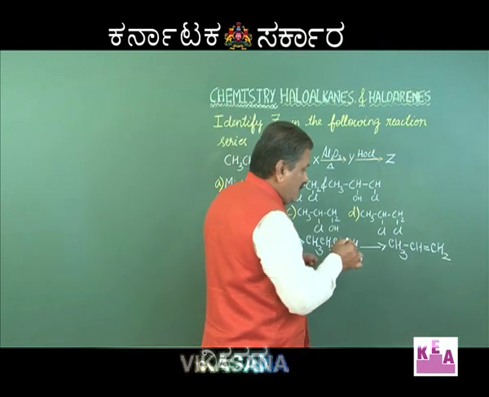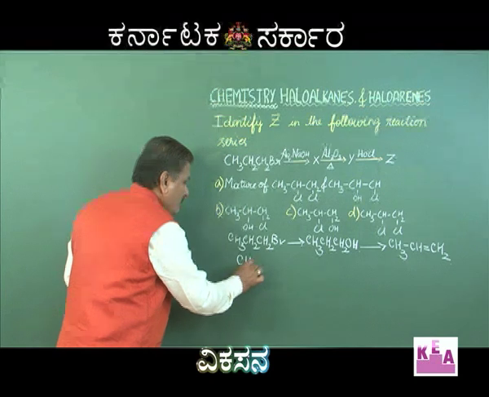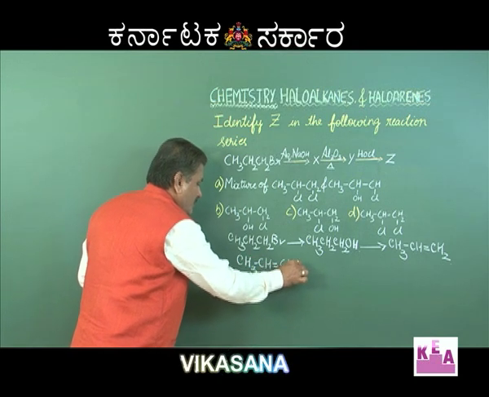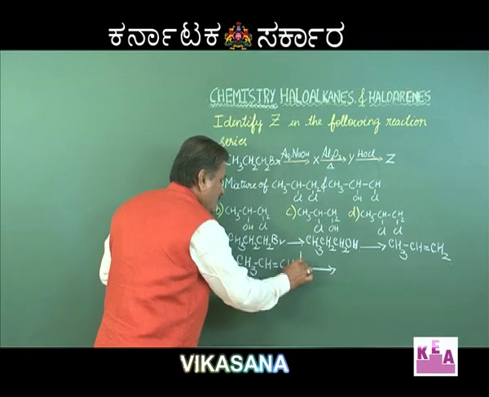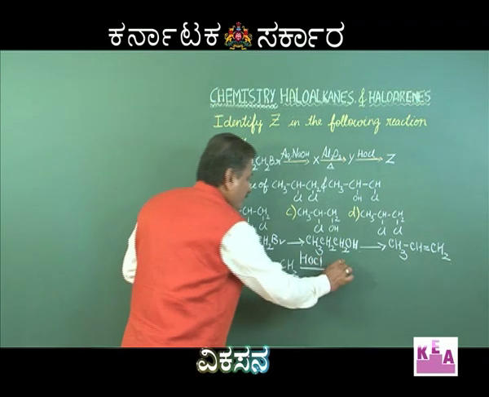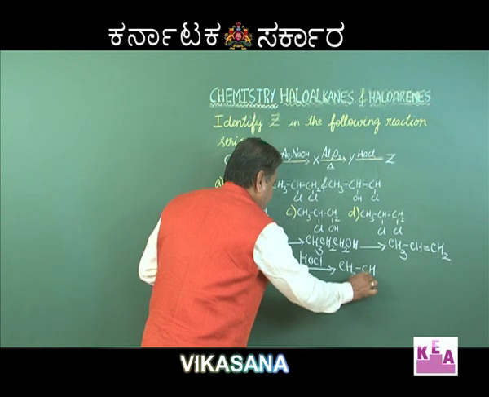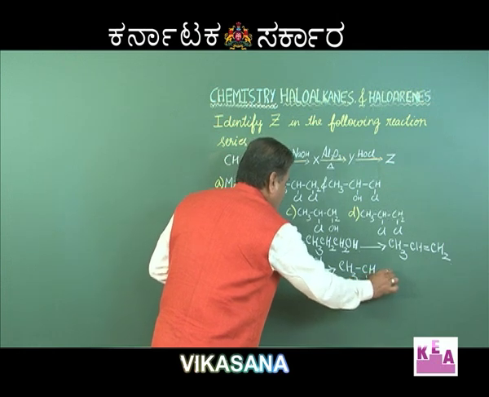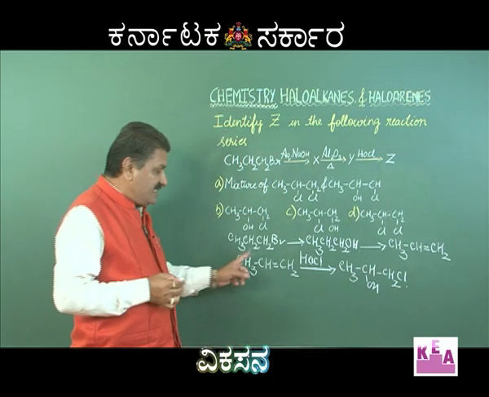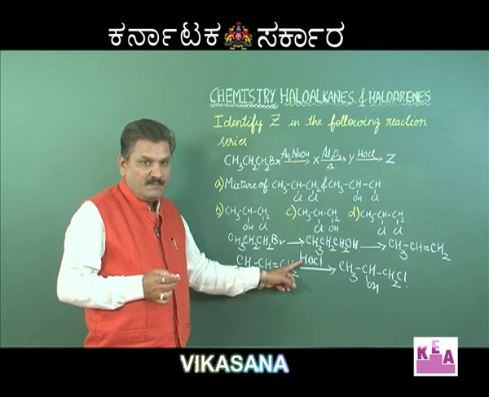So, the end product when this reacts with HOCl must be CH3, CH, OH, CH2Cl. This addition takes place in accordance with Markovnikov's rule.